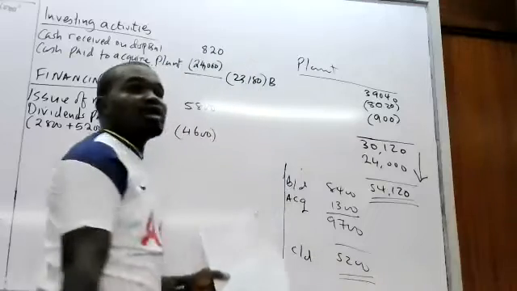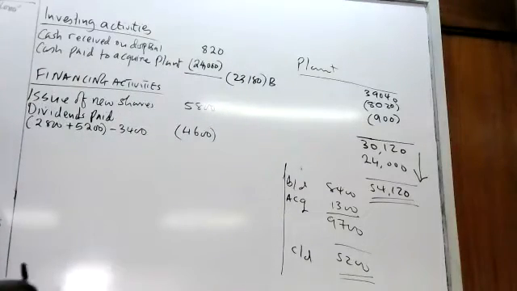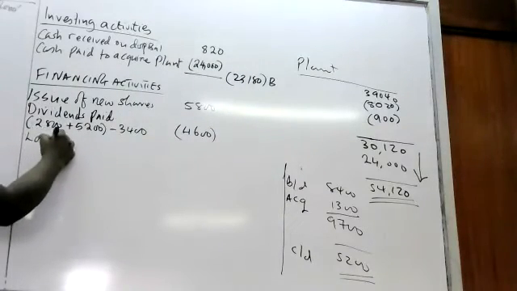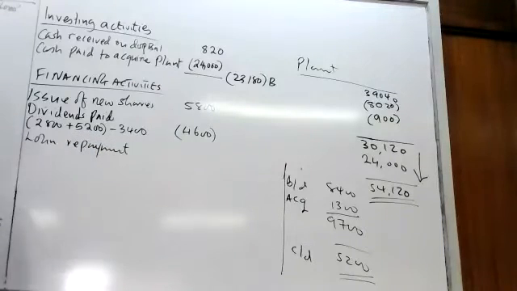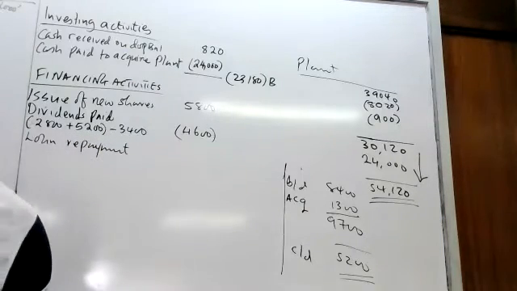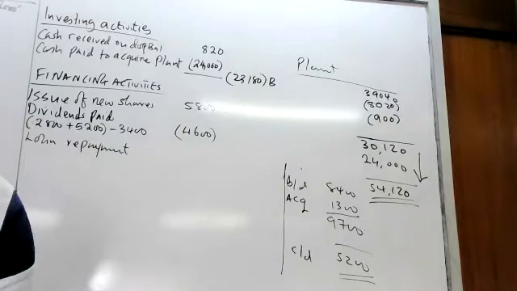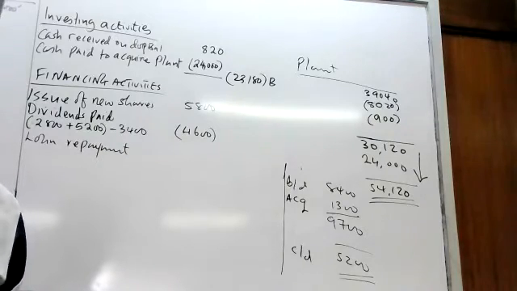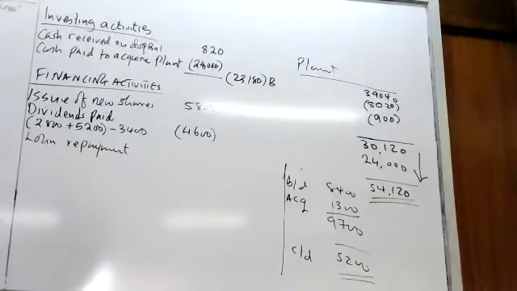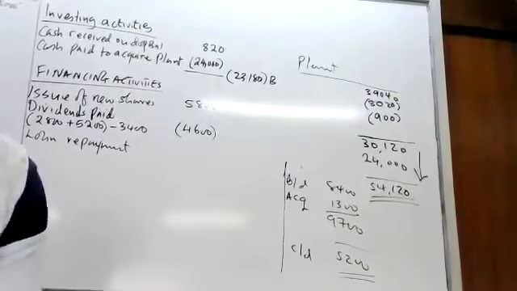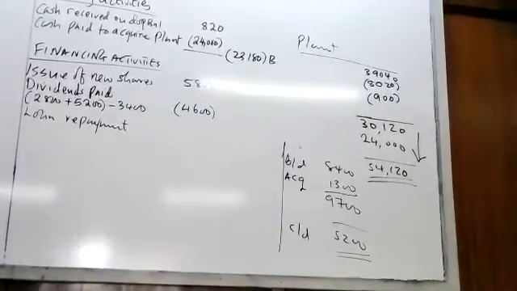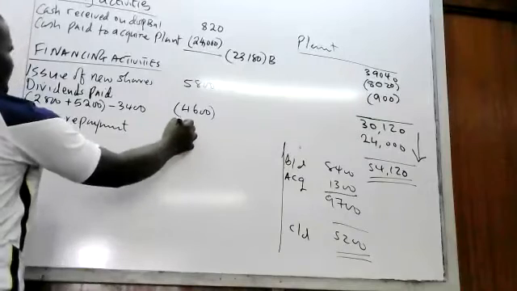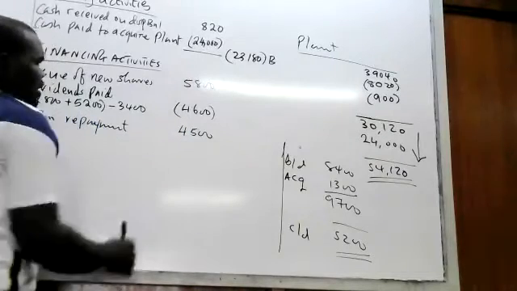So now loan repayment. Get for me the difference. 45. So loan repayment is 45.